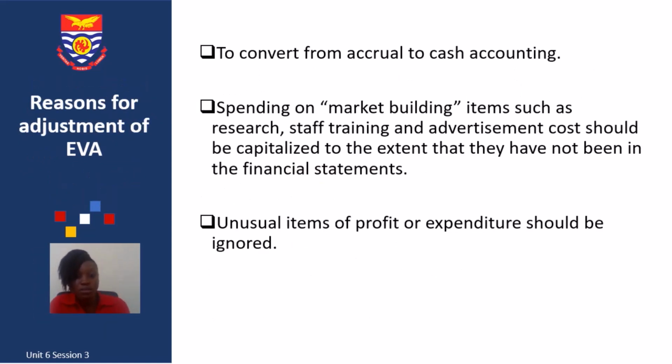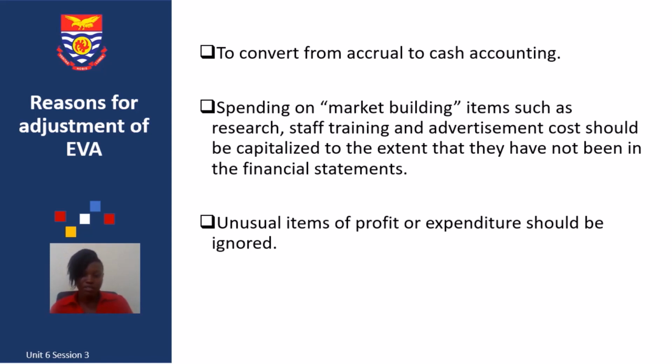So there are reasons for adjusting the economic value added. The first one is to convert from accrual to cash accounting. We know that there are two main bases of accounting: either the accrual method or the cash accounting method. The cash accounting method is most preferred by investors because it has to do with real cash.